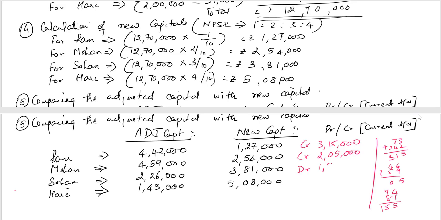And we need to debit the current account with 1,55,000. And for Hari also, we need to debit the current account with 3,65,000.